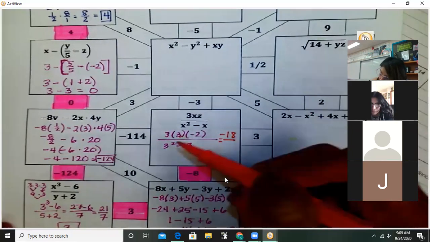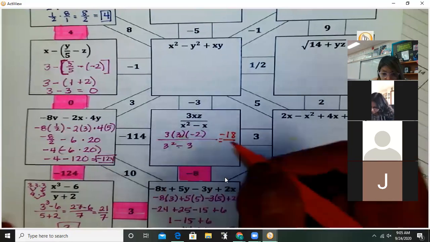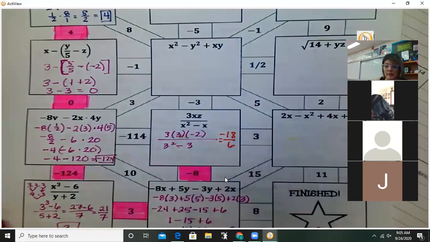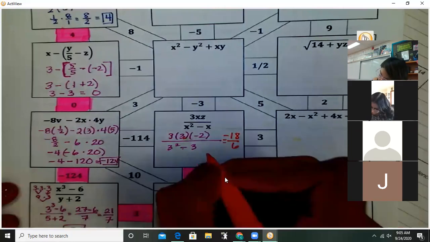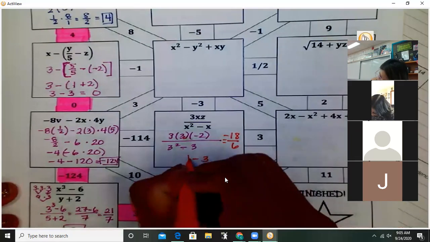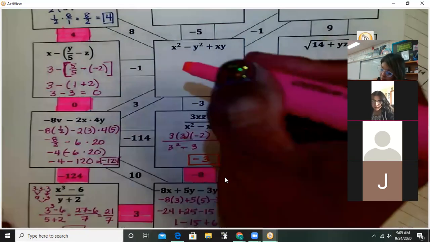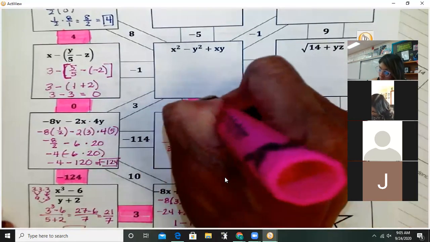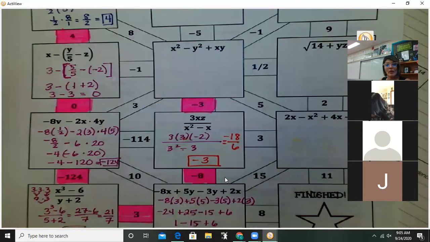Over 3 to the second power is 9. 9 minus 3 is going to be 6. -18 divided by 6 is -3. -3 takes me up again. Now, you're going to go ahead and finish the rest.